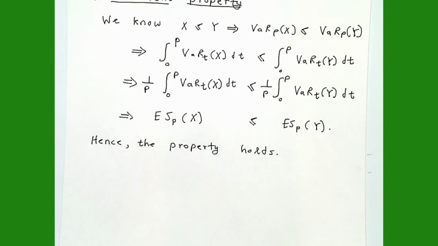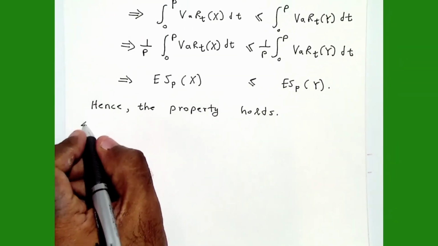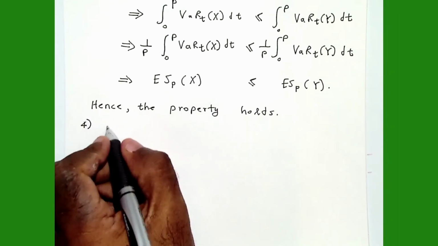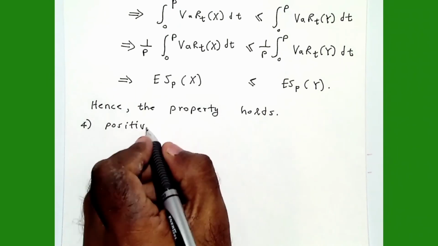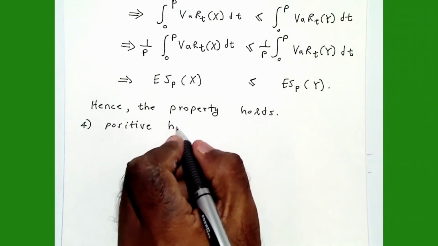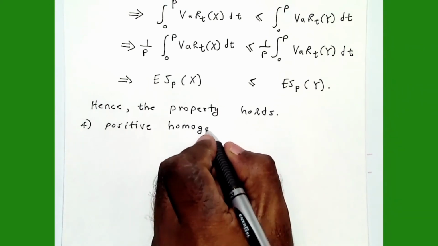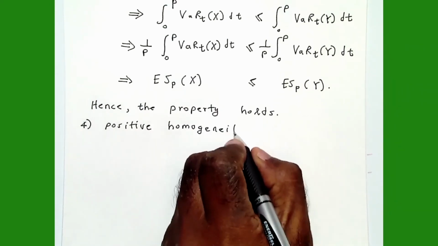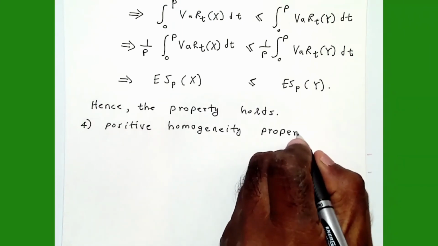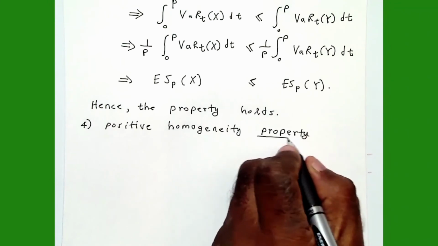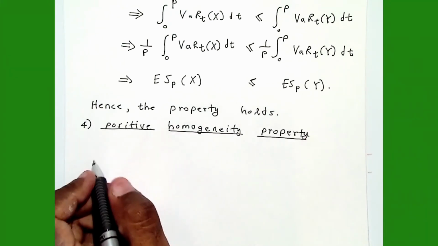Number 4 is the positive homogeneity property. Okay.